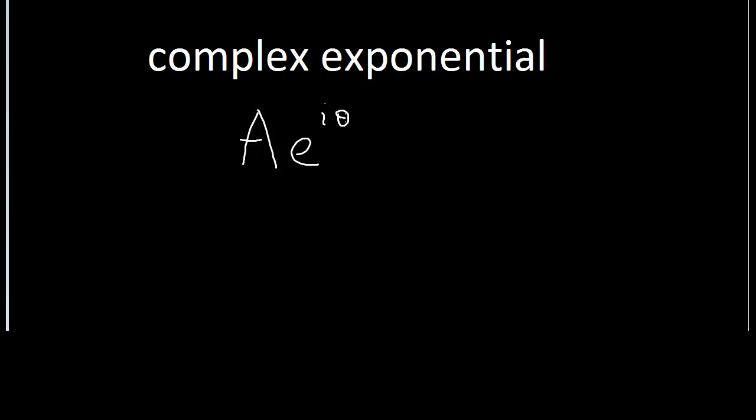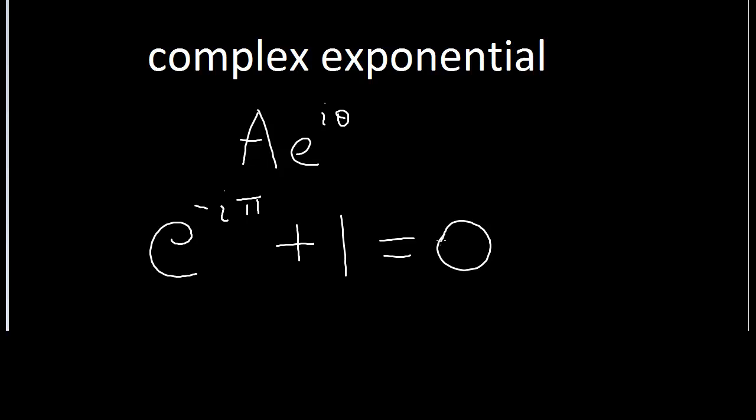In introducing the complex exponential, I like to start with this very interesting mathematical phrase. This is a phrase that involves all kinds of very basic math stuff. So you got your 1 and 0, very crucial numbers, the first two numbers any mathematical person learns about.